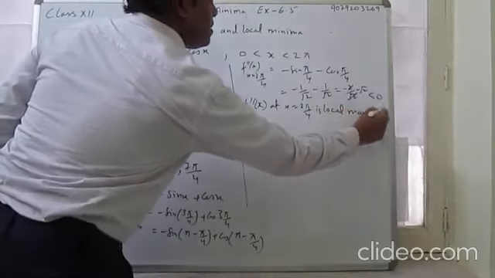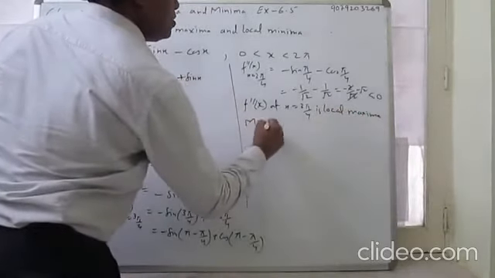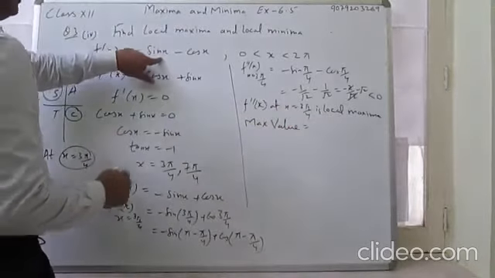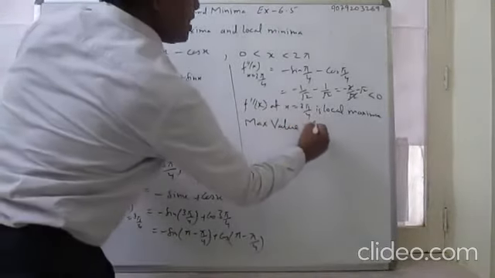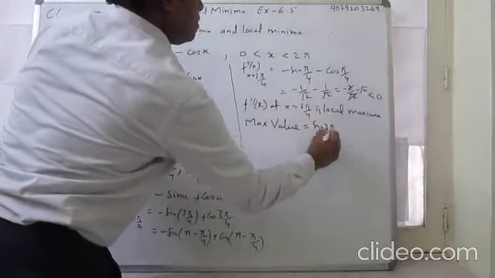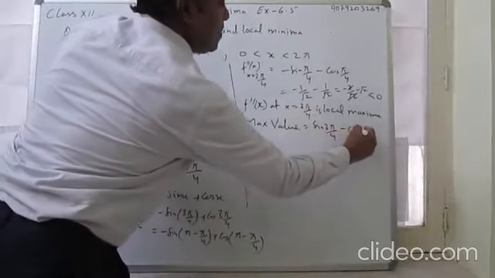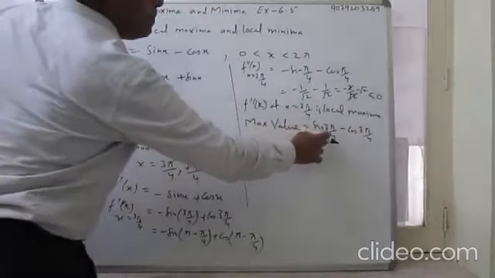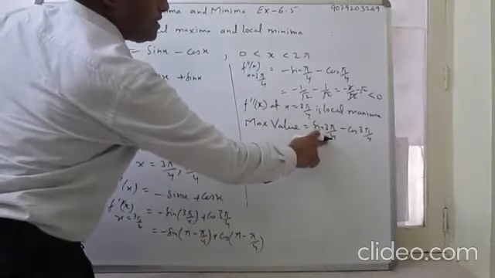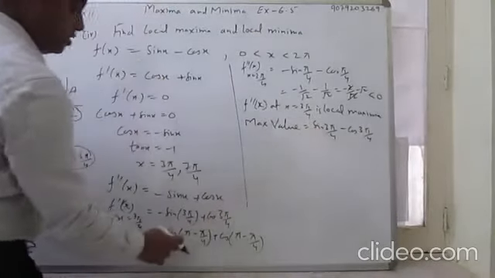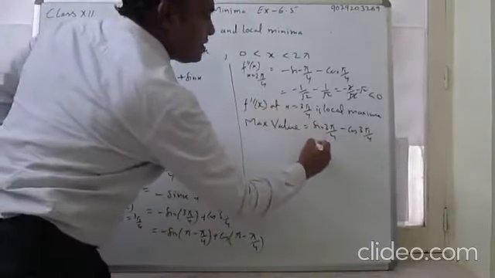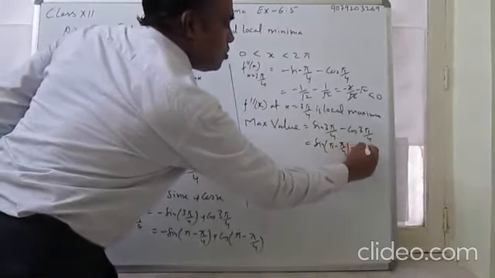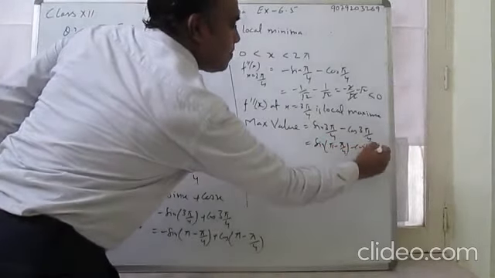maxima, and the maxima value is, put x is equal to 3 pi by 4 here: sin 3 pi by 4 minus cos 3 pi by 4. So sin 3 pi by 4, you can see, is sin pi minus pi by 4, minus cos of pi minus pi by 4.